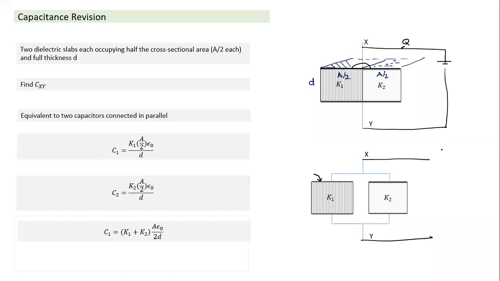When they charge, Q is equal to CV, so for the same potential, charge is proportional to capacitance. The one which has higher capacitance will have more charge, and the one which has lower capacitance will have lower charge. So charge will not be equally shared, and the charge densities sigma 1 and sigma 2 will not be equal. The charge will be such that the field has to be equal. If this has field E1, this also has to have the same field, then only is the potential difference the same. So these are the additional points we can understand and keep in mind.